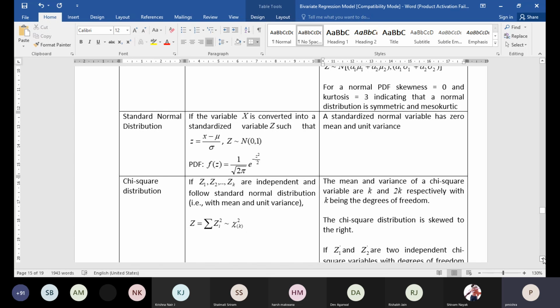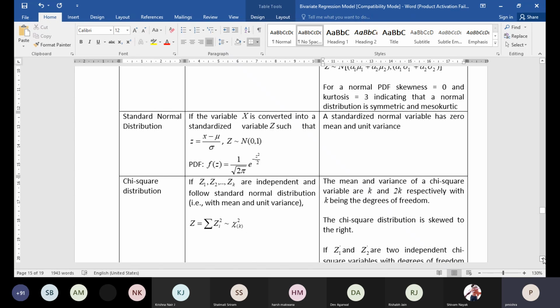But in this connection, what is very important is to understand the standard normal distribution. Basically standardizing x by taking deviation from the mean and dividing by standard deviation. That is z is equal to x minus mu divided by sigma.